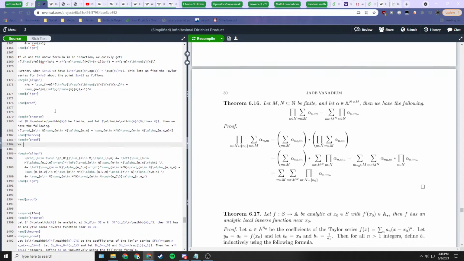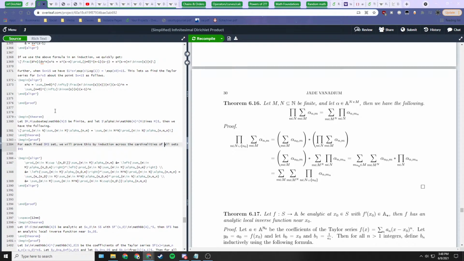So for each fixed m set, we will prove this by induction across all sets n. Induction across the cardinalities of all sets n subset to natural. Actually, they don't even need to be finite. Or sorry, they don't need to be sets of integers.